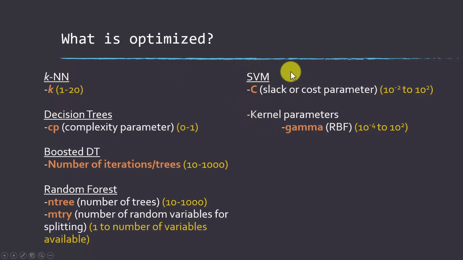SVM is particularly hard to optimize because there's effectively an infinite number of possible combinations. For the C, I tend to use 10 to the negative second up to 10 to the second, so maybe multiple orders of magnitude. And then if you wanted to be more specific, once you've narrowed it down, you could do it again over a smaller range. And then gamma, 10 to the negative fourth to 10 to the second, again, you could narrow that down in a second round.